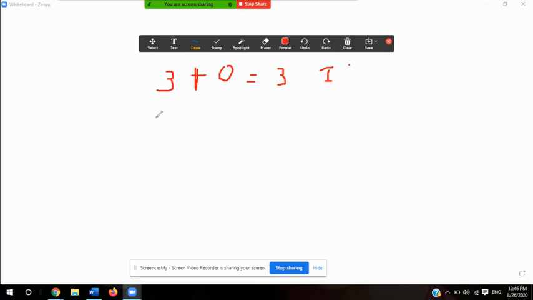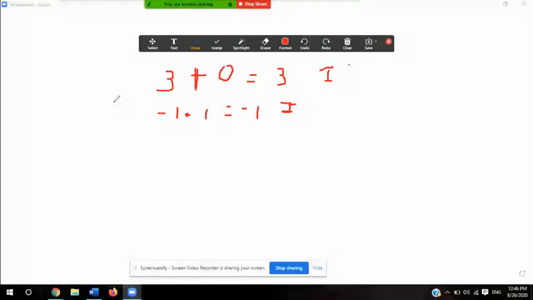And the identity property of multiplication would be if I have -1 times 1, which of course equals -1. So the identity property of addition tells me that anything added to 0 is the same number, and that anything multiplied by 1 is the same number.